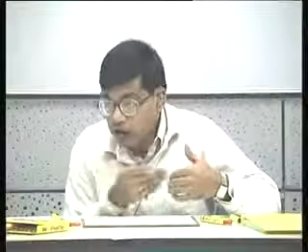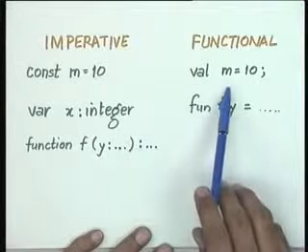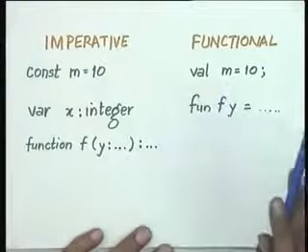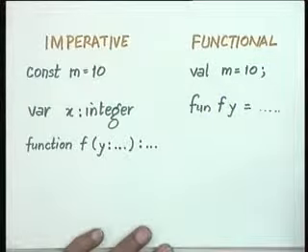It's a name value binding. And in fact, the functional language declaration of this form is exactly the same. It gives you a name value binding. So that's what binding means.